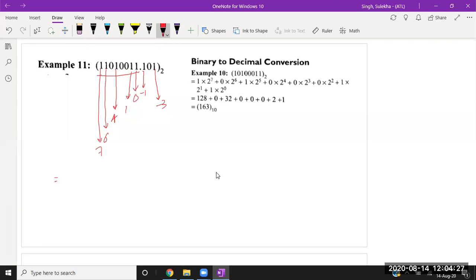You can write the solution in this form.